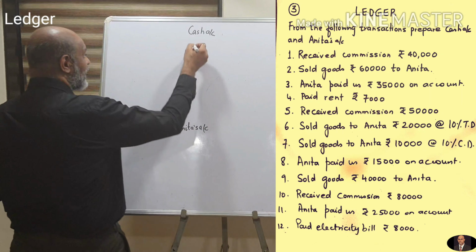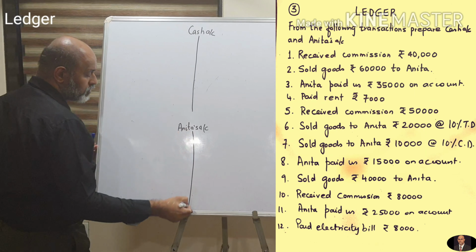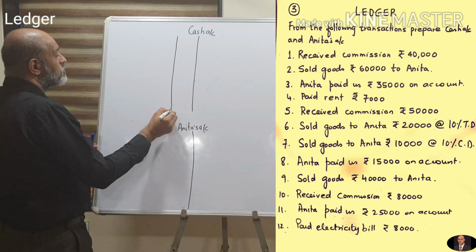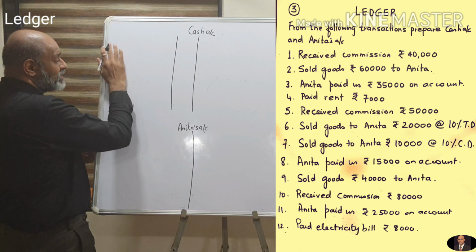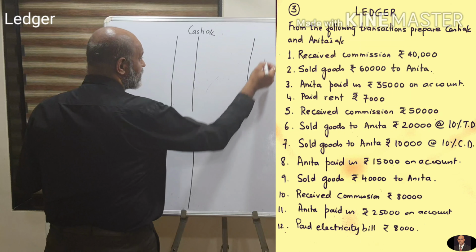Your ledger is exactly divided into two halves. This is your amount. I am not using the date column right now; the date column we can use when we do the fair sums.